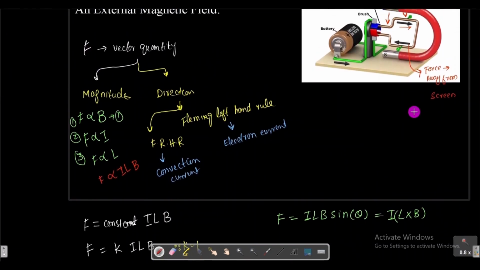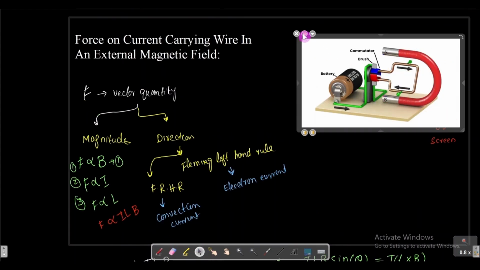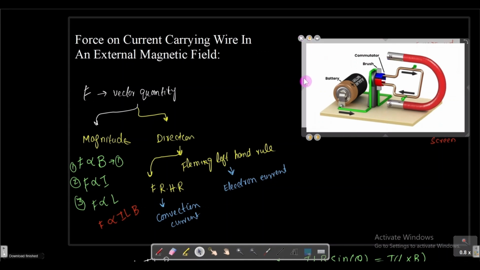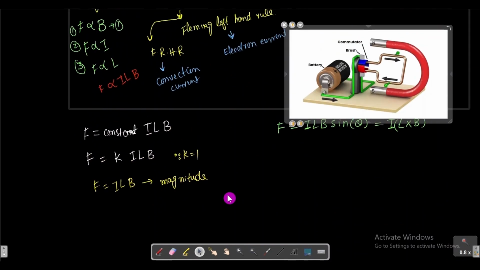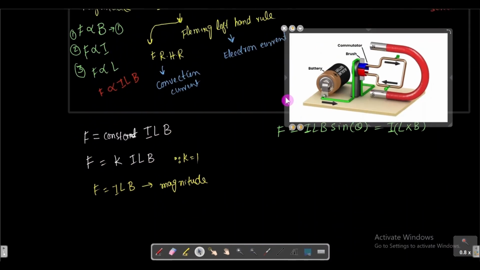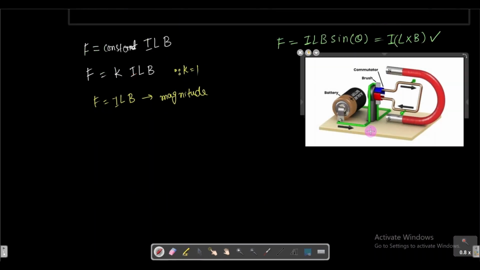So we can apply this equation of the force on this diagram. Here I'm going to copy this diagram and move it here. Okay, this is our same diagram. So now we are going to apply this equation on this diagram.